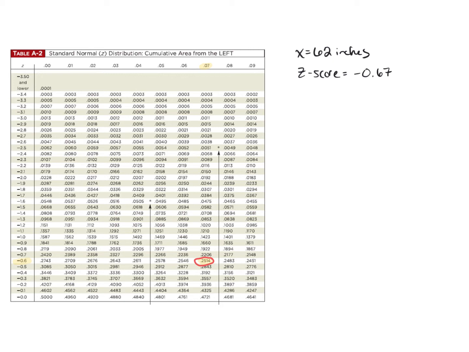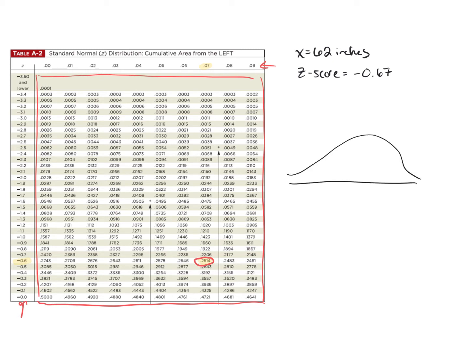So let me explain real quickly how you use the z-table. Here on this first column and this first row, that's how you find your z-score. And then the body of the table, these numbers represent probabilities that correspond to an area that is to the left of that z-score. So let me draw that bell-shaped curve up here again real quickly. We've got 0, -1, and then we've got -0.67. So a height of 62 inches corresponds with a z-score of -0.67.